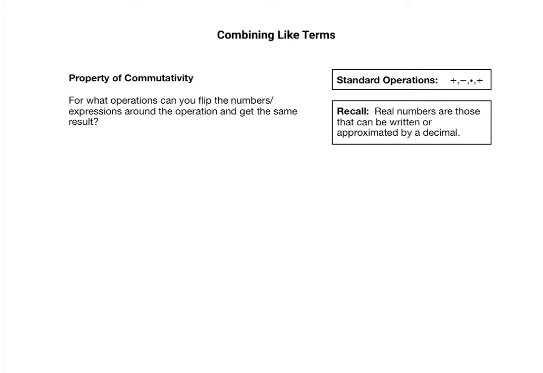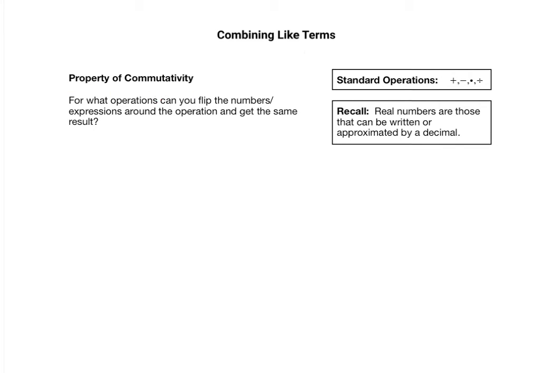However, for now, we want to specifically look at the property of commutativity, associativity, and the distributive properties. So those 3 different things. And don't forget our standard operations that we're talking about are addition, subtraction, multiplication, and division. And just a recall, because we're going to talk about properties of the real number system, real numbers are themselves those that can be written or approximated by a decimal.